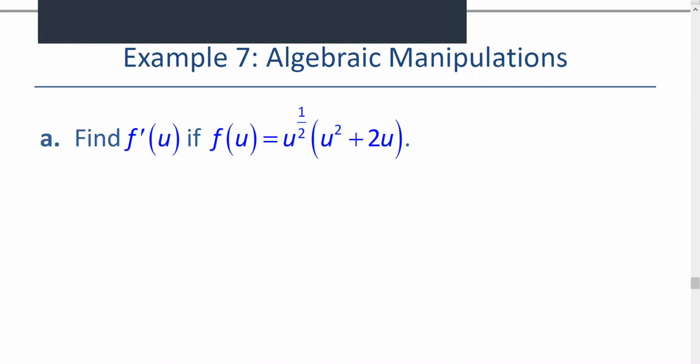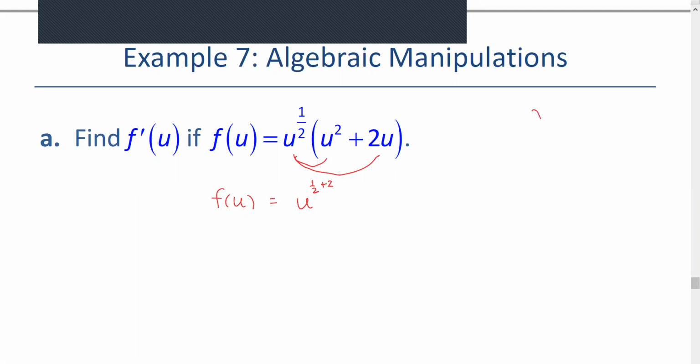For this example, we are going to find f prime of u if f of u is u to the power 1/2 multiplied by u to the second plus 2u. First of all, we are going to distribute u to the power 1/2 to both terms in the parentheses. F of u becomes u to the power 1/2 plus 2 by the property of the exponents.